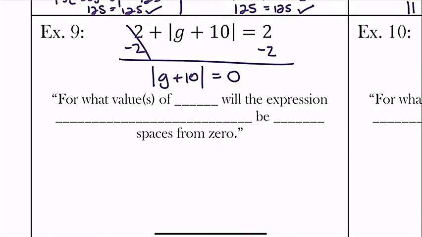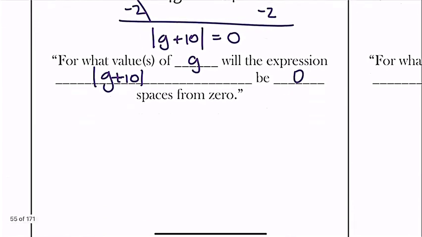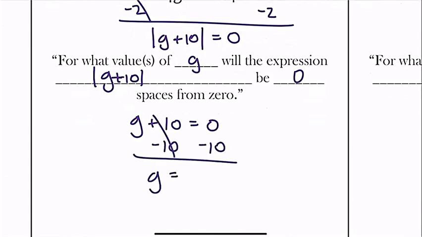So this says 0 spaces from 0, right? So for what value of G would G plus 10 be 0 spaces from 0? That means it's literally on 0. So you would just do that, and then just solve for G, and you end up with -10.